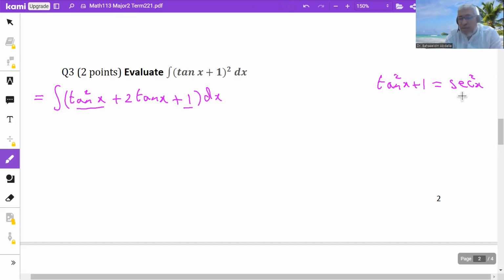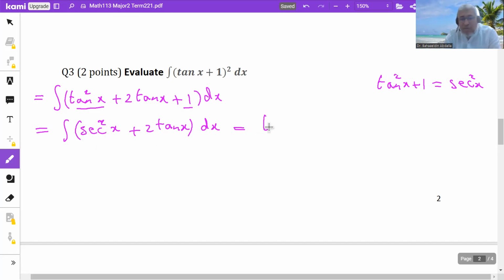And I know the integral of secant square. It is tan, because the derivative of tan is secant square. So why don't we write this integral as tan square plus 1? I write it as secant square x, then plus 2 tan x. And now I have 2 terms instead of 3, and I can find the integral of secant square.